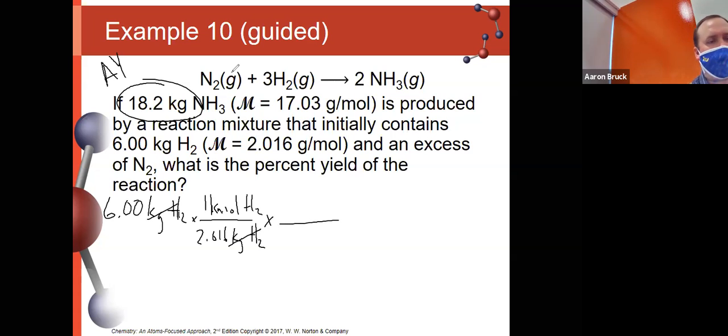Now I go to my reaction equation. 3 kilomoles of hydrogen for every 2 kilomoles of ammonia. My kilomoles of hydrogen cancel.